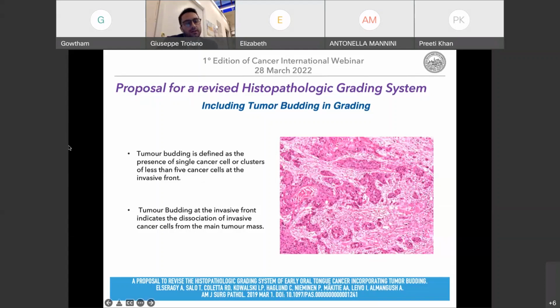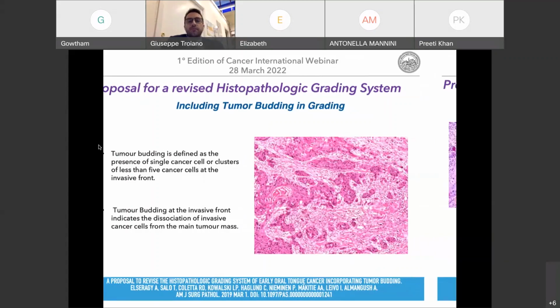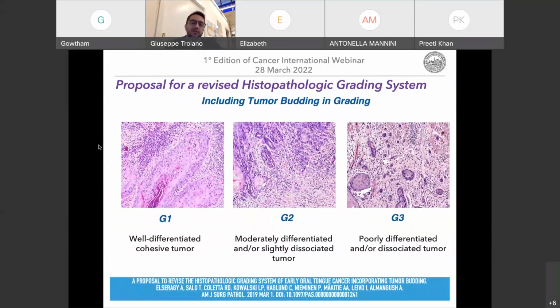And this is the tumor budding, defined as the presence of single cancer cells or clusters of fewer than 5 cells at the invasive front, which seems to improve the prognostic stratification when added to the G. In particular, they have revisited the grading system, including also the tumor budding in the classification.